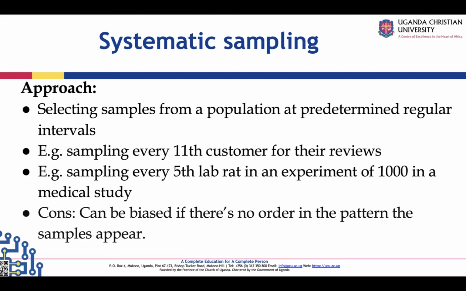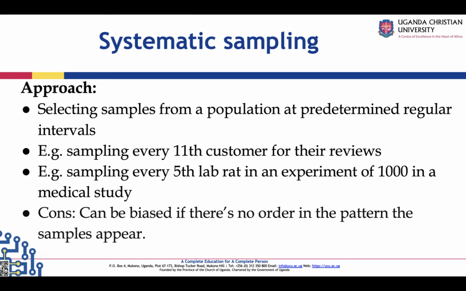In a laboratory experiment or a medical study, you could choose the 5th lab rat out of every 1,000, for every time you have that entire grouping or population of 1,000.